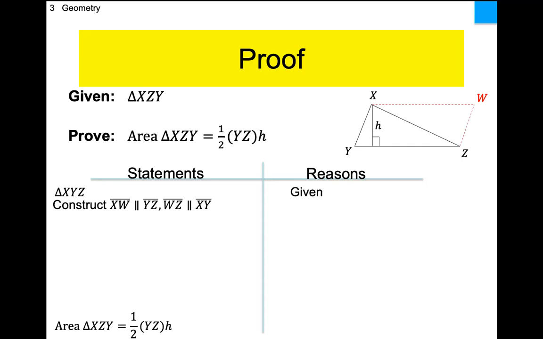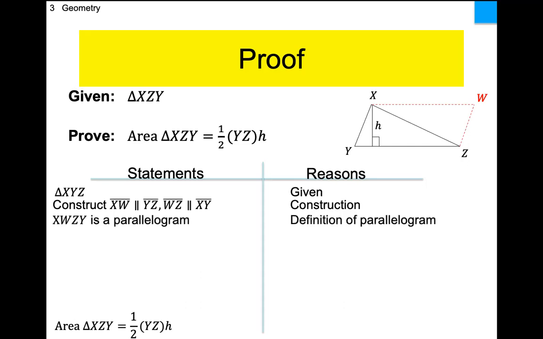And the definition of a parallelogram, by the way, that's the construction, is a 4-sided shape where opposite sides are parallel. Well, I just did that. So therefore, XWZY is a parallelogram by its definition. And the reason I made a parallelogram is because I know the formula for the area of a parallelogram.